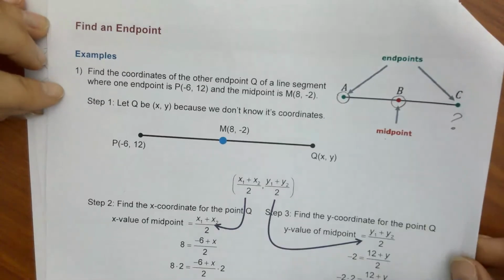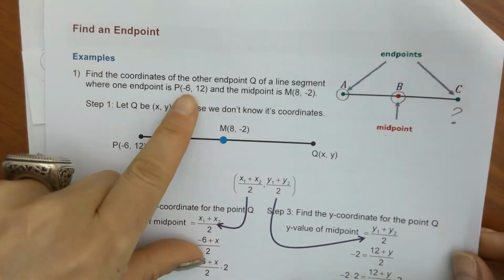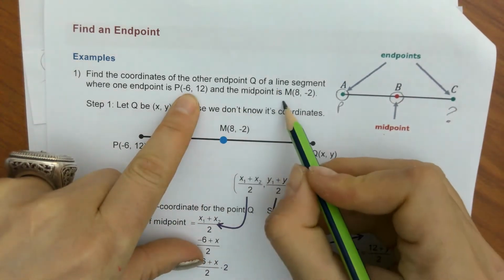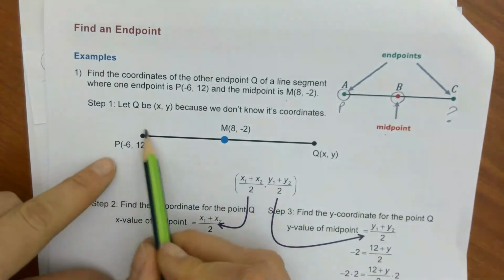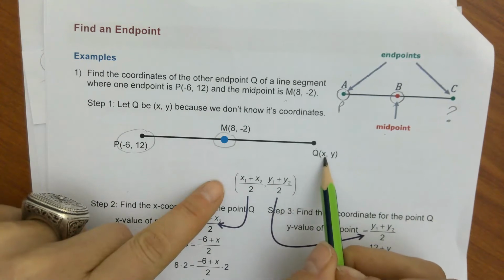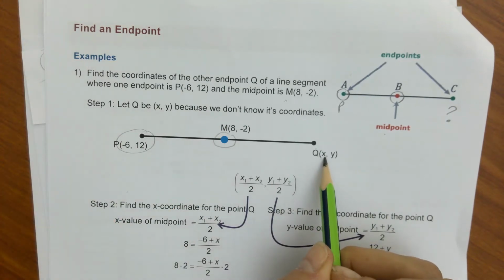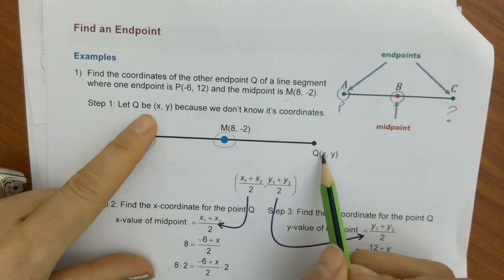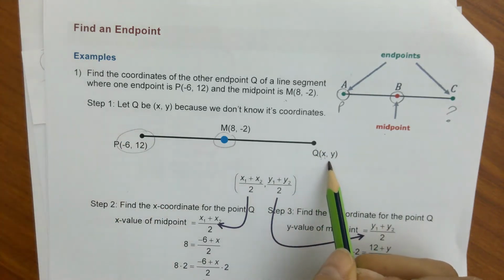So it says we have one endpoint P, and we have a midpoint M. So here's P, and here's M that they give us, and it says, please find the other endpoint. So we let this endpoint we don't know be xy, because we don't know what it is.